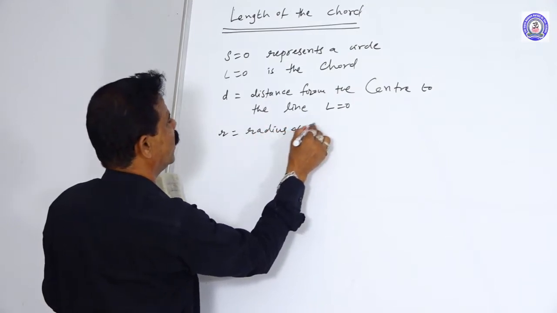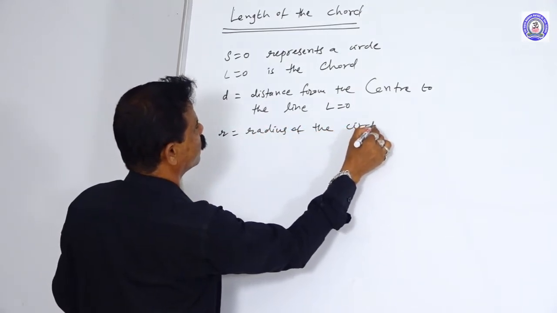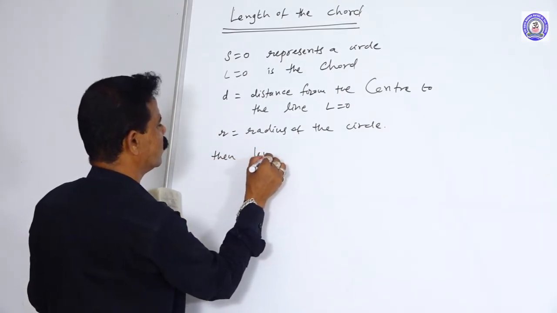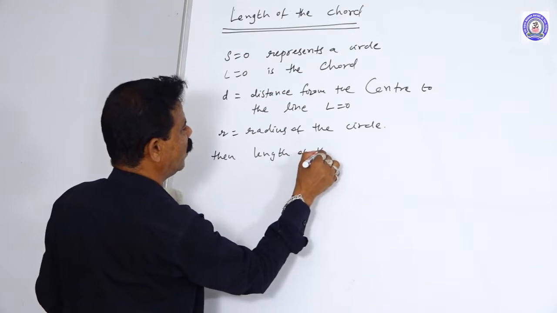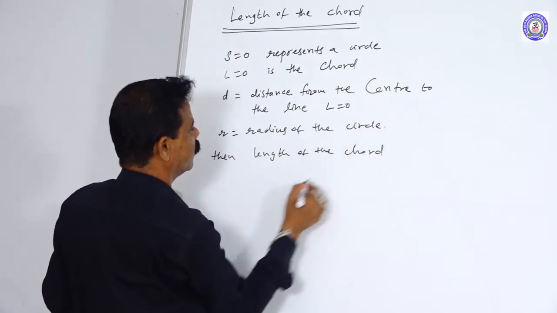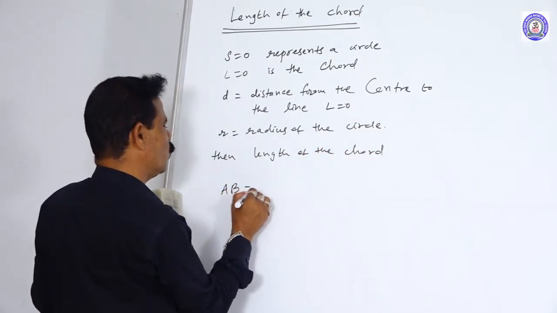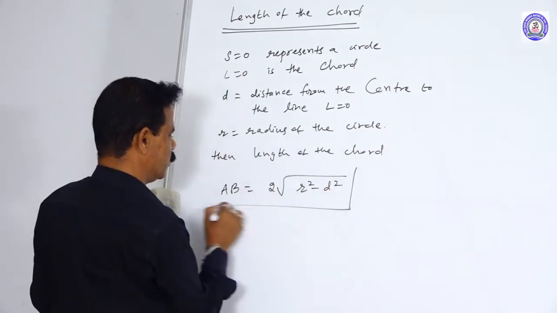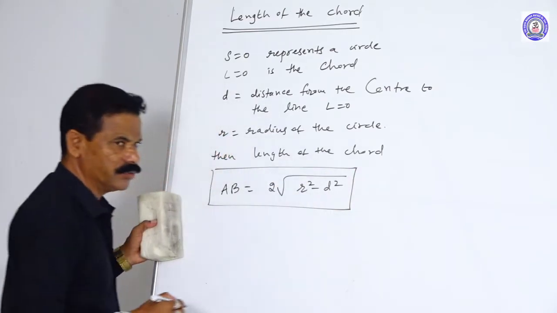Then the length of the chord AB is equal to 2 root of r square minus d square. This is the formula for the length of the chord.